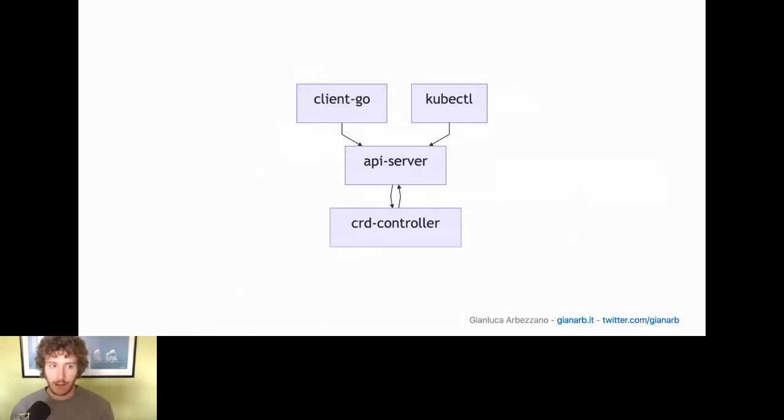So why should you write your CRD, or why should you extend Kubernetes? Because your team uses Kubernetes a lot, or you are training your team to use Kubernetes, and the more your teammates use a tool, the better they will become at using it.